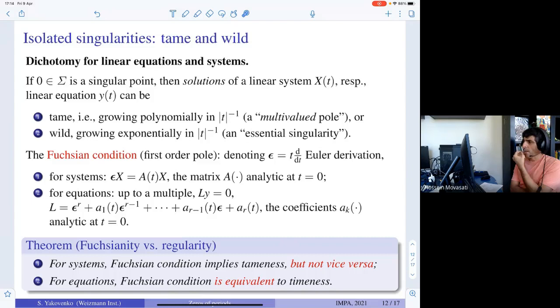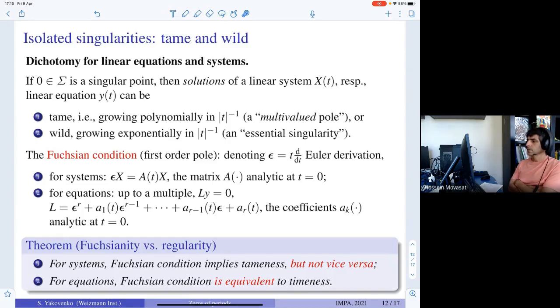This is the formula which nobody remembers, so it is maybe some advanced chapter in differential equations 1 or 2. But the point is that nobody remembers this formula, me included, because the right way to formulate this condition, called the Fuchs condition, which guarantees that all singularities are moderate, is different.